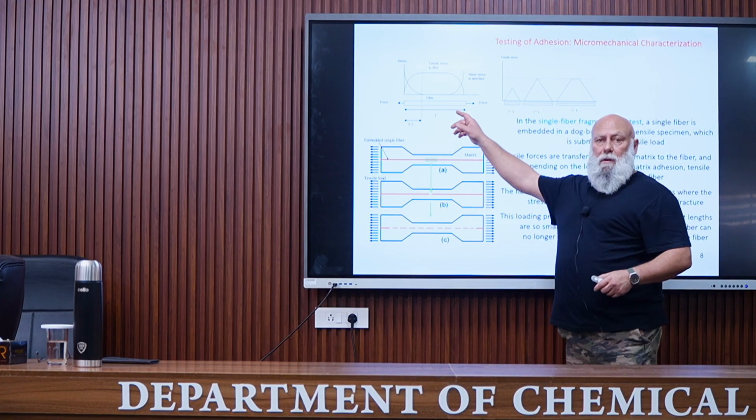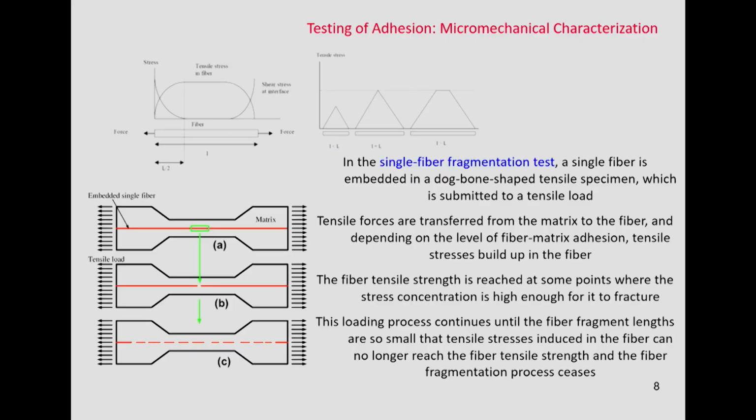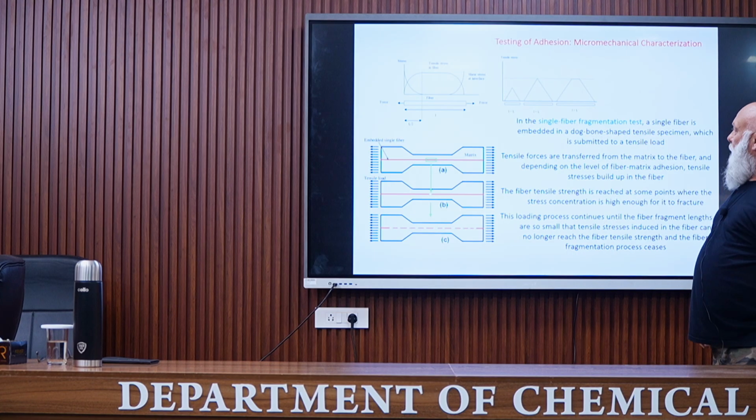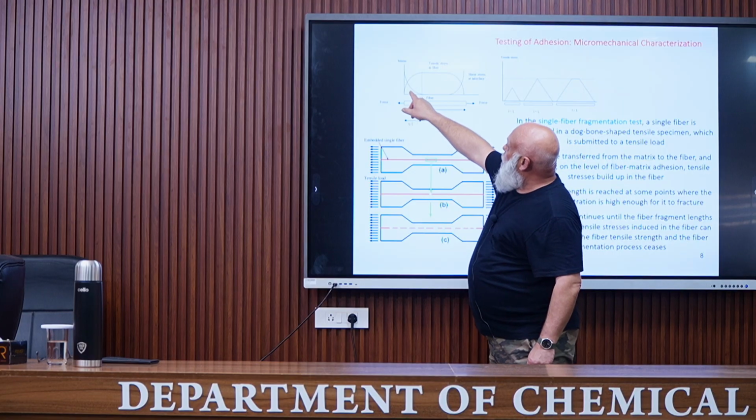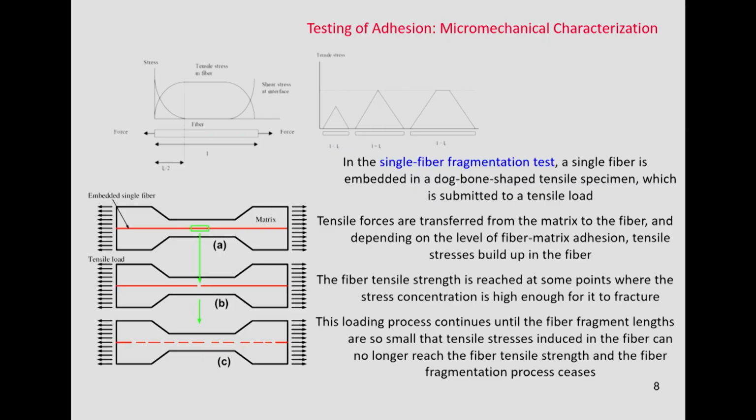When a fiber embedded in a matrix is subject to a tensile force, two types of stress apply to the fiber. At both ends of the fiber, there is a high shear stress, but in the middle of the fiber, the shear stress is zero.